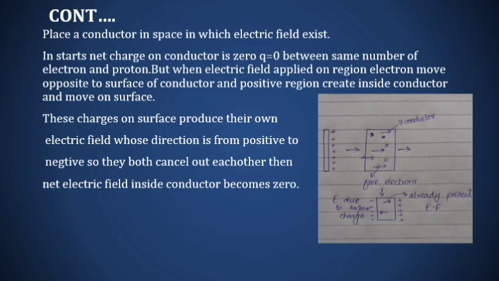But when we apply electric field across the conductor, then electrons begin to move opposite to the surface of conductor and holes create, means positive region create inside the conductor, and these positive charges begin to move on the surface. These charges on the surface produce their own electric field, whose direction is from positive to negative, so they both cancel out each other, then net electric field inside conductor becomes 0.